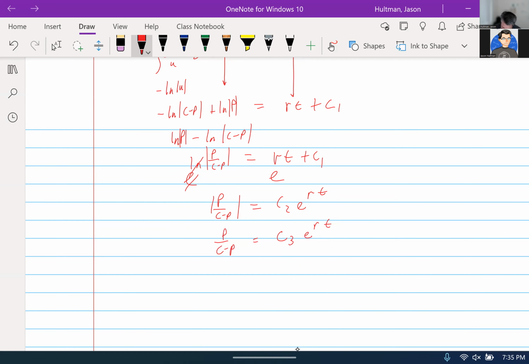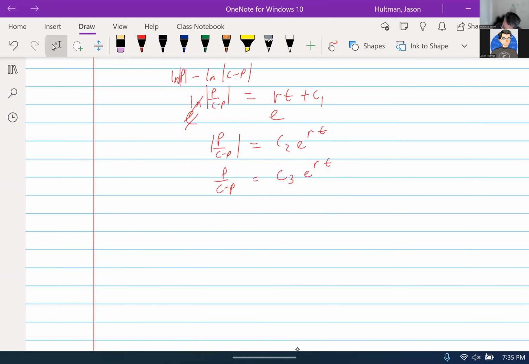Now I'm going to multiply both sides by c minus p. And I get p is equal to, let's distribute, c times C3. The C3 is a constant. It's just what I got from my integration. It's an integration constant.